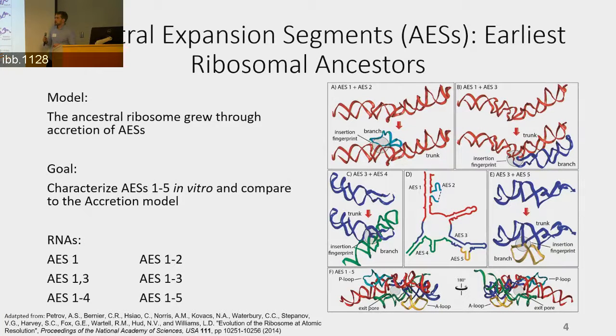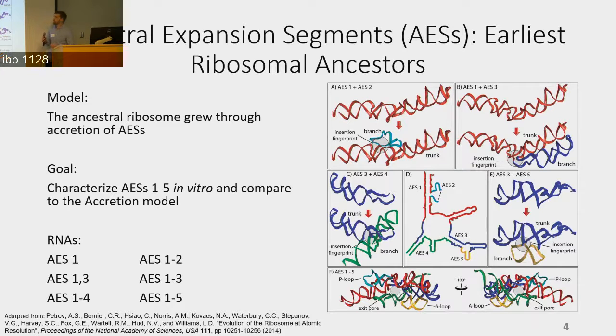So I just briefly introduced our model for ribosomal evolution. My goal today will be to characterize the first 5 AESs, or ancestral expansion segments, within the accretion model. And so in terms of experimental system, that translates into 6 RNAs that are some subset of the first 5 ancestral expansion segments, which I've listed here.